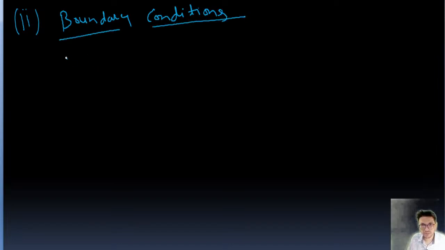Okay, next, second is boundary condition. So we have this green function g, which is a function of x and t, right?